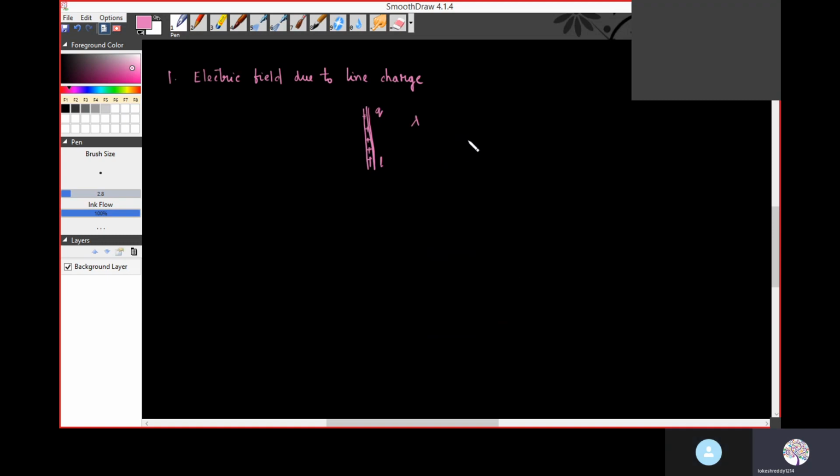Then E net, the net electric field, is equal to lambda by 2 pi epsilon naught R. That is the net field E net for line charge: lambda by 2 pi epsilon naught R.